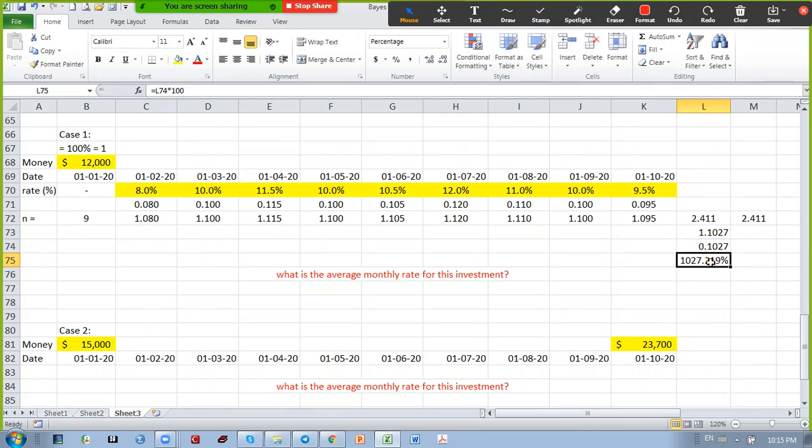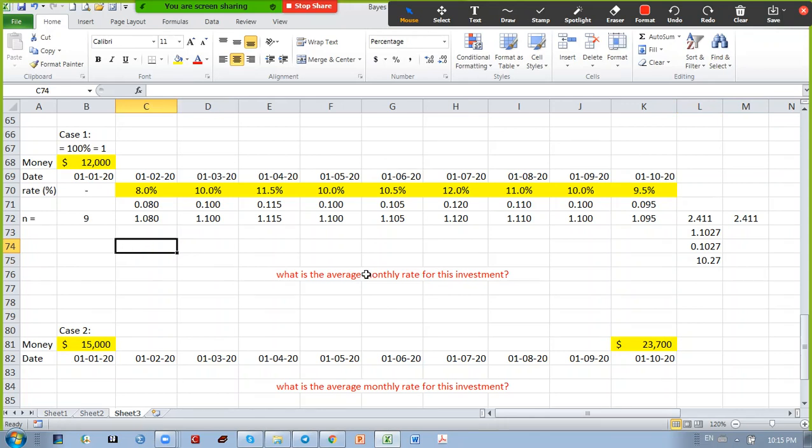Oh, sorry, why is it no? Oh, because it's over the percentage, into number. Multiply by 100%. Okay. The result is 10.27%.